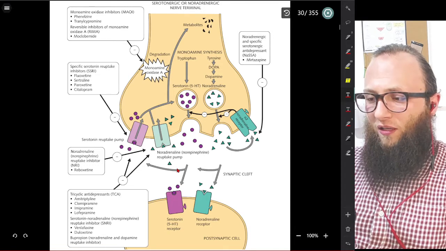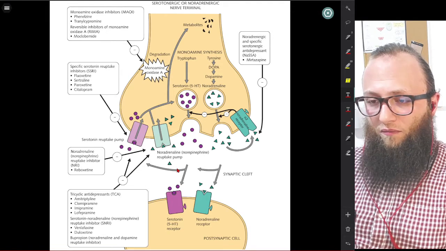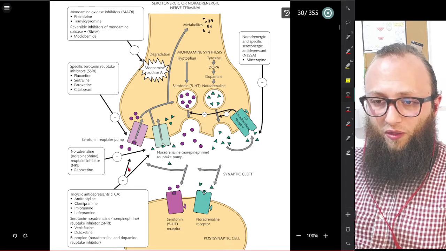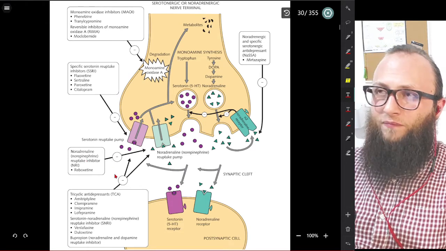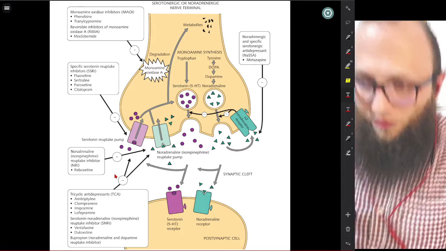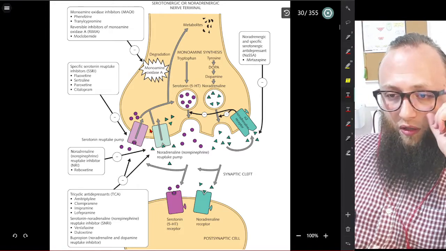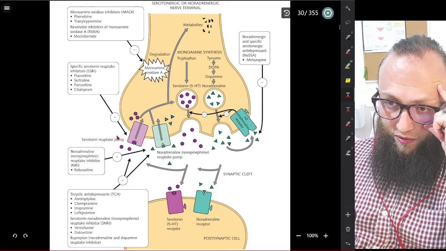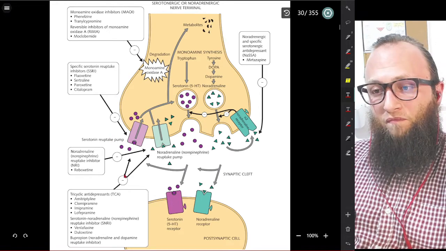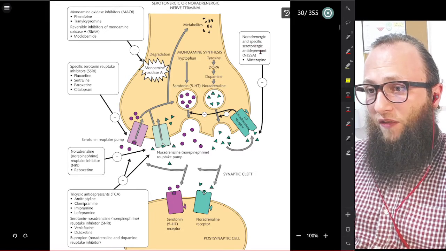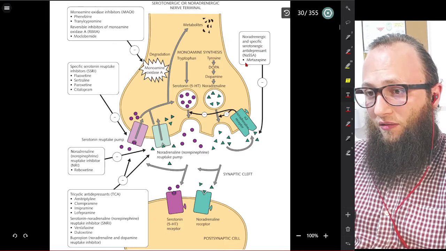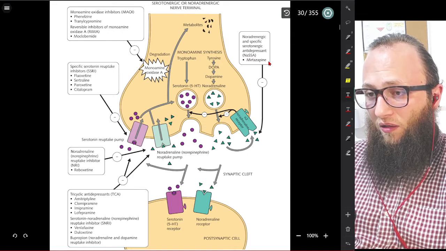It inhibits that, and that's how it increases the concentration of norepinephrine within the synaptic cleft. All of these things are discussed in the link that I've told you about. So we are just giving a quick review about that. So it's okay if you don't know a lot of things here. What about, for example, noradrenergic and specific serotonergic antidepressants like mirtazapine?